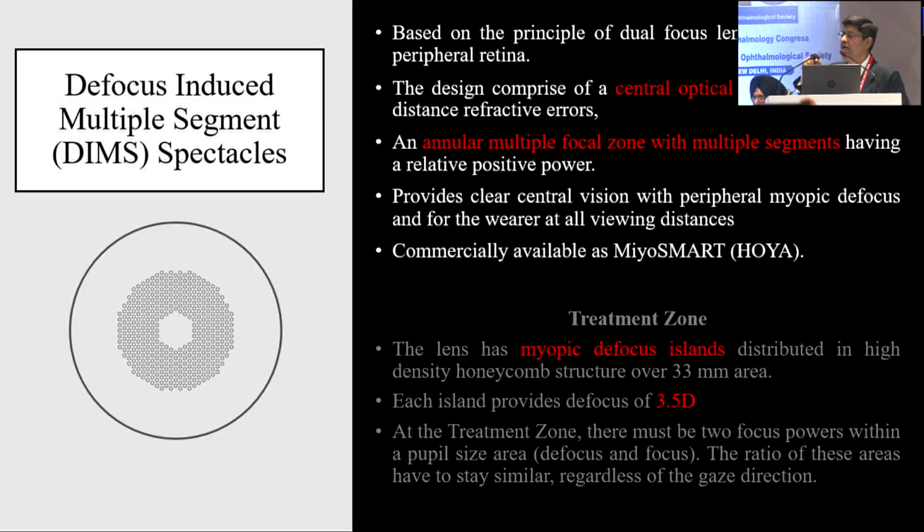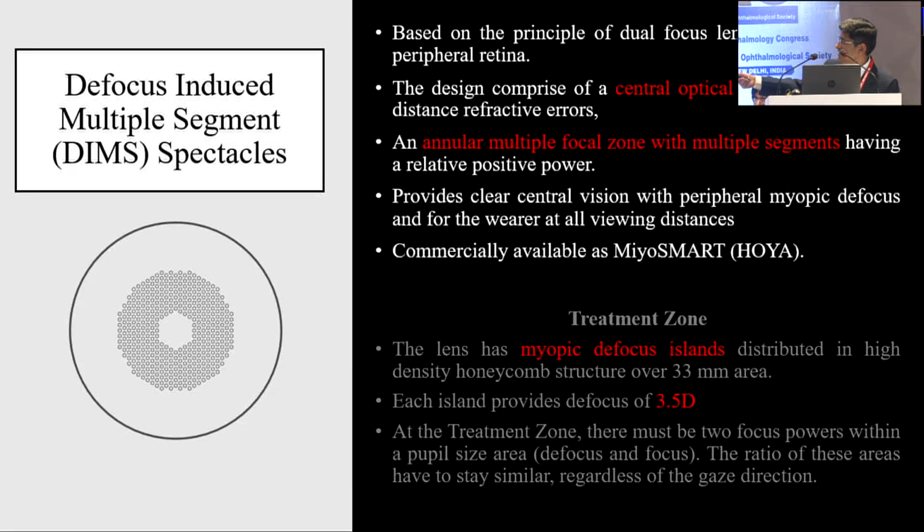These are the DIMS. As I mentioned, I have no commercial interest in any of them. So this is the central clear. There is a honeycomb kind of effect there of these lens sets, which are about 3.5 diopters add. They ensure that the periphery of the lens creates the myopic defocus. It's about 50% of the area of that lens in any given point that has the clear vision.